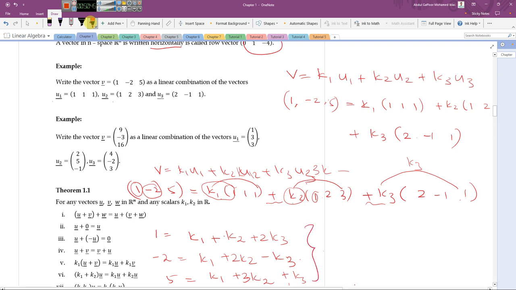Okay, now if I go to the calculator again and enter these values, then you will get the answer for k1, k2 and k3. Let me try it again, and following the steps I explained previously, you also can perform this calculation, and then we will check if our answers are correct.